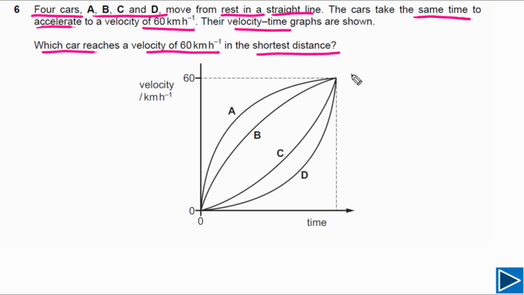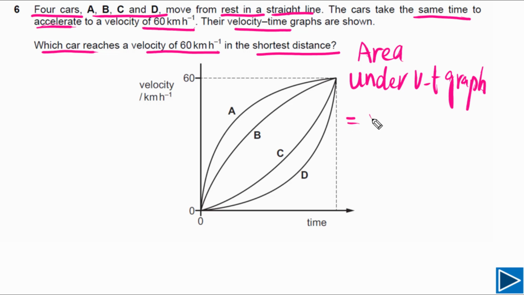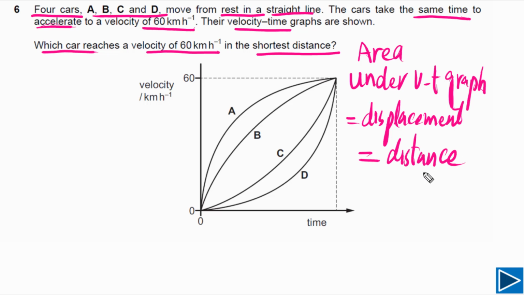First thing, now we need to understand what is area under VT graph. Area under VT graph, so let me write down here, this is equal to displacement. As cars are moving in a straight line, displacement and distance are equal. So we can also write down this is equal to distance.